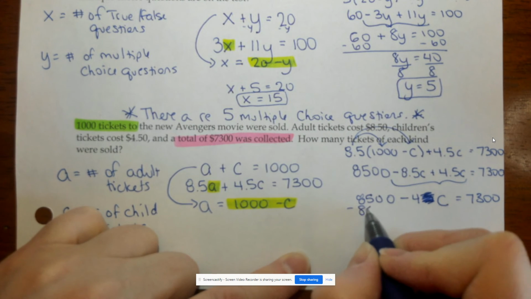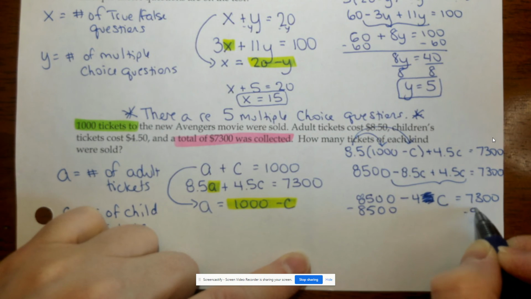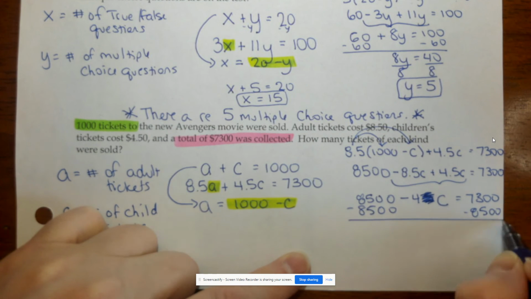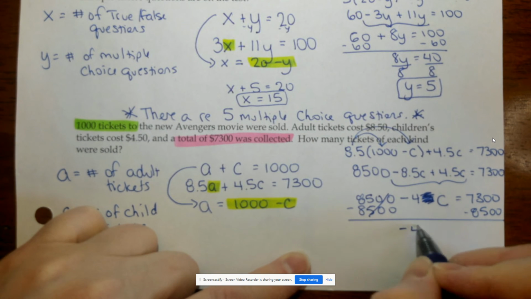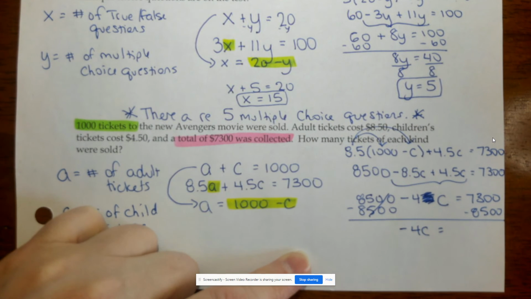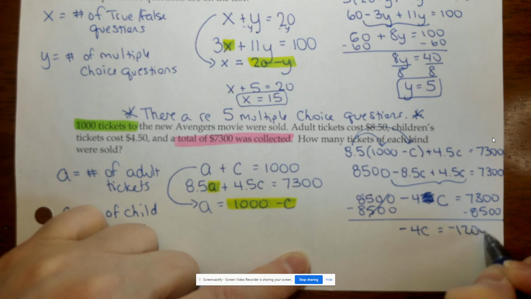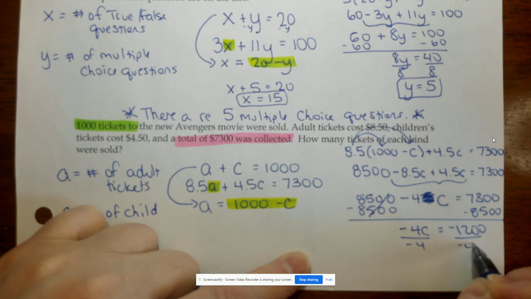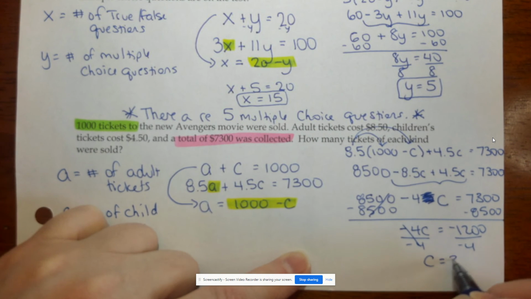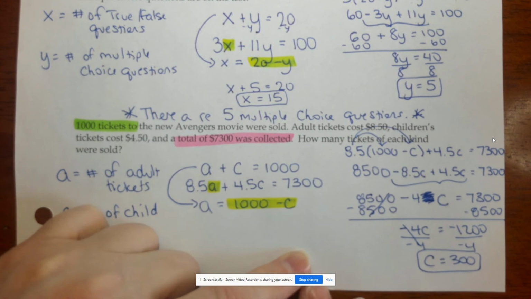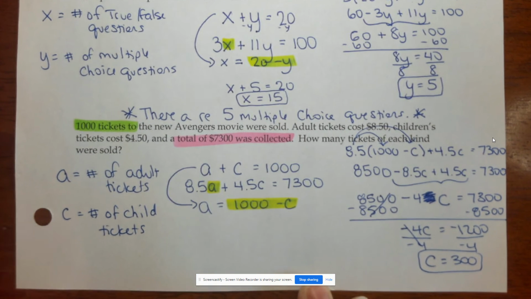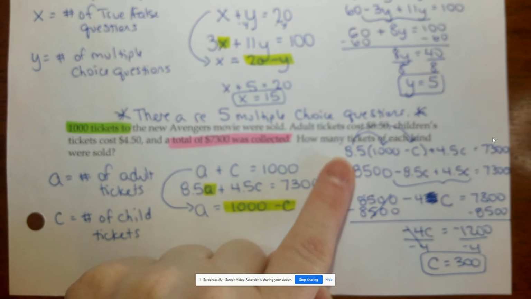I'm going to subtract the 8,500 from both sides because I only have one term with a variable. Minus or negative 4C equals negative 1,200. And when I divide both sides by negative 4, I get C equals 300. So we must have sold 300 children's tickets. Now this question said how many tickets of each kind were sold.